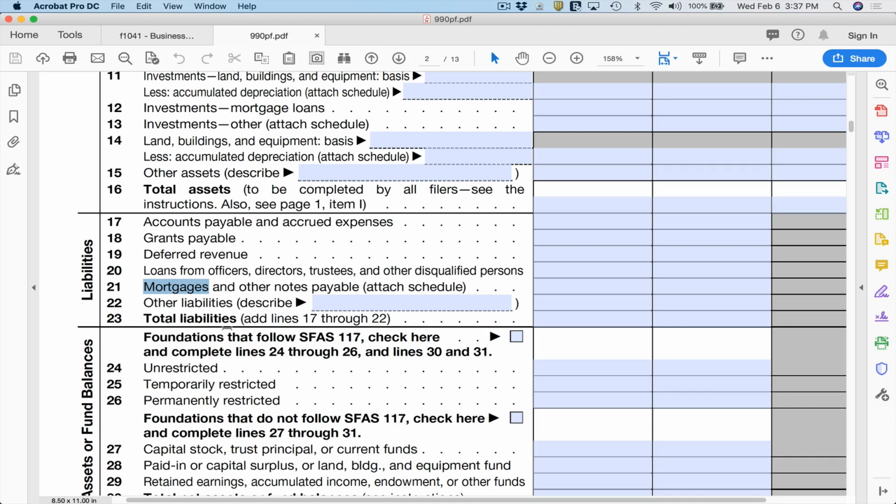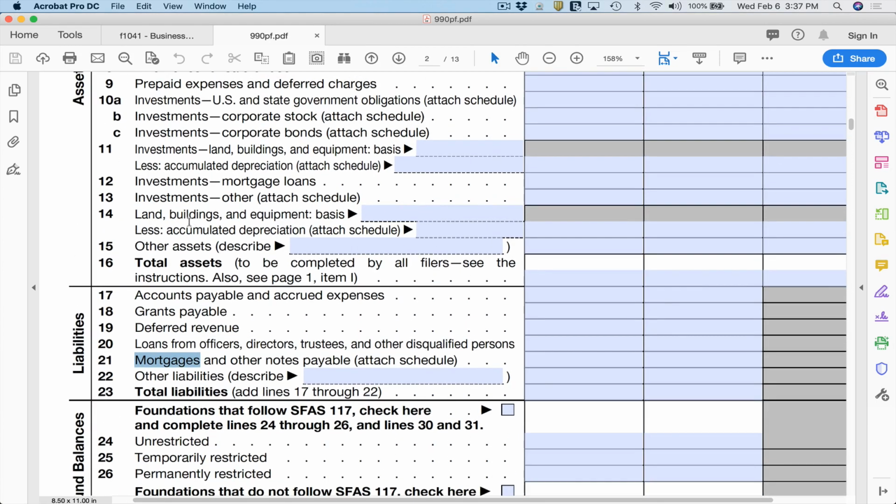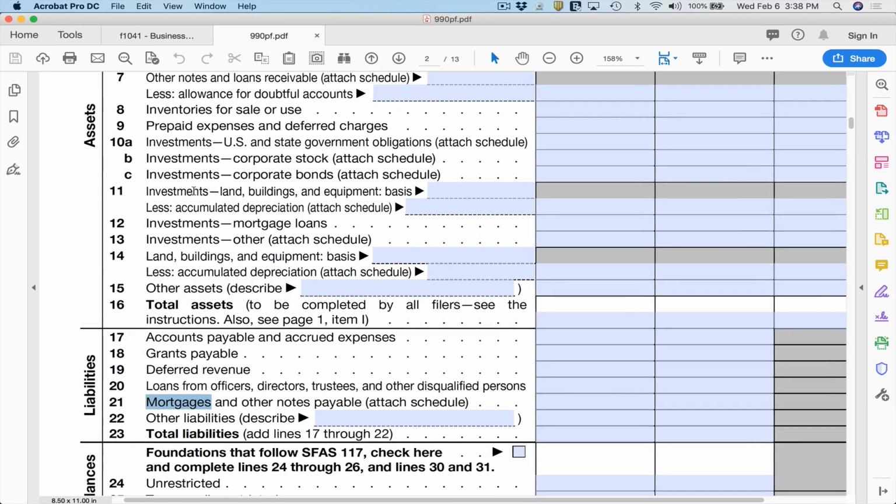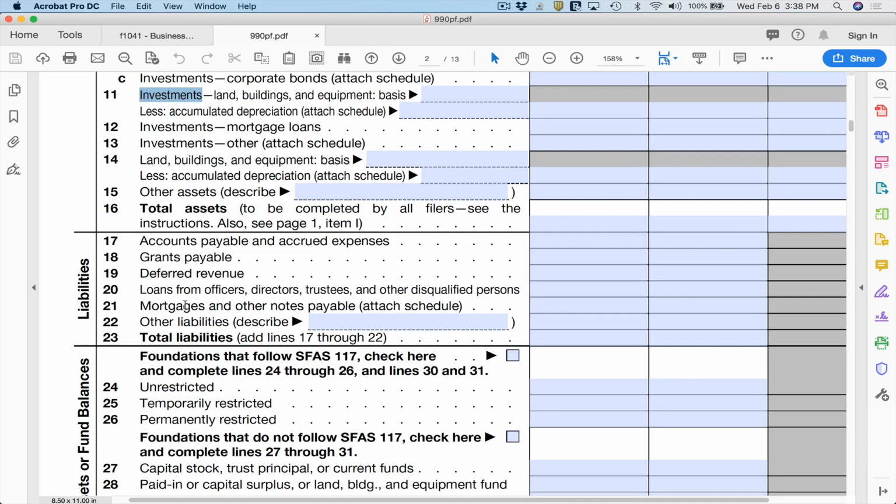If you're in real estate today and you have your own private foundation, and you gift or grant the real estate to the foundation in the form of an investment, land, buildings, or equipment, even if you have a mortgage associated with it, then there is no more property tax on the asset, no more capital gains tax on the asset, no more rental income tax on the asset. It's all tax exempt because it is a 501c3 tax exempt organization.